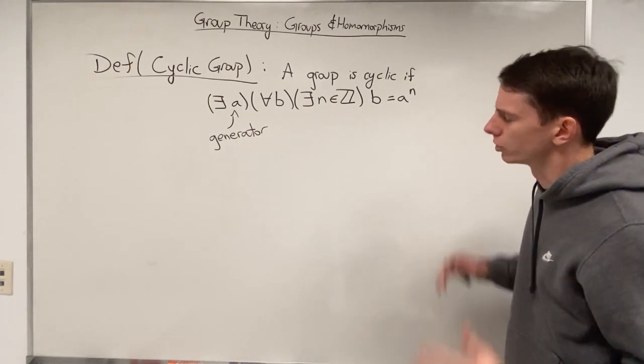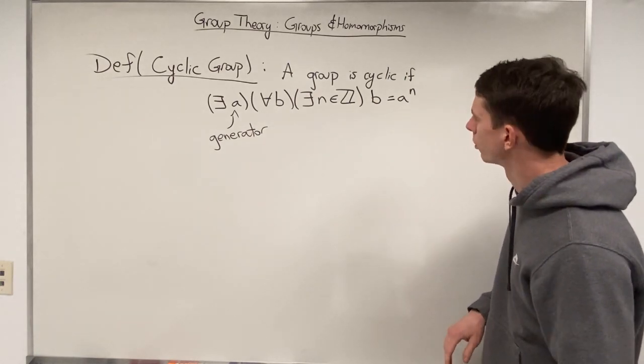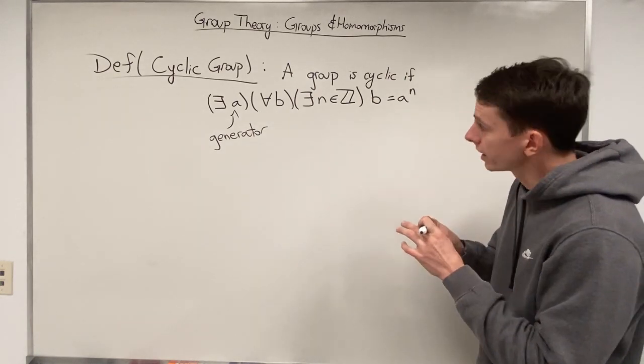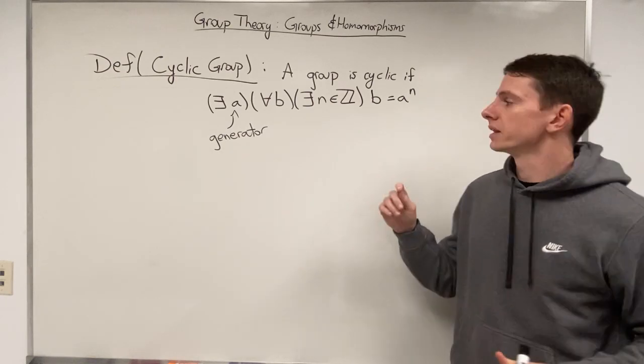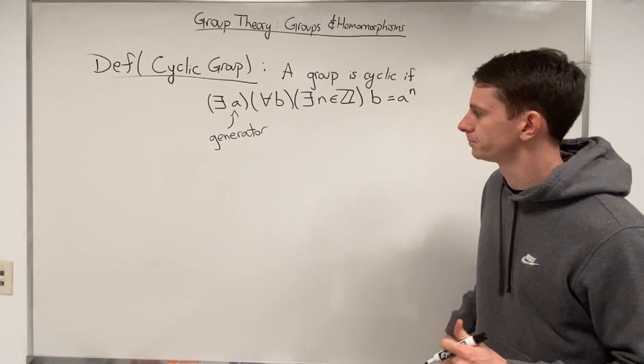Okay? So how can we understand this thing called a cyclic group? Well, another way of writing it is to say that it is a group that can be generated by a single element.